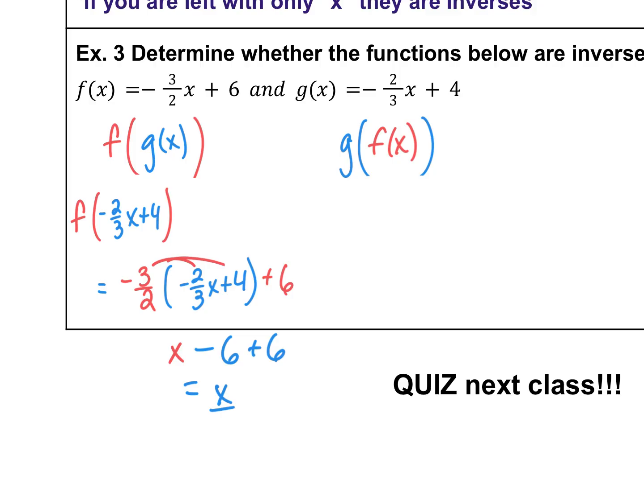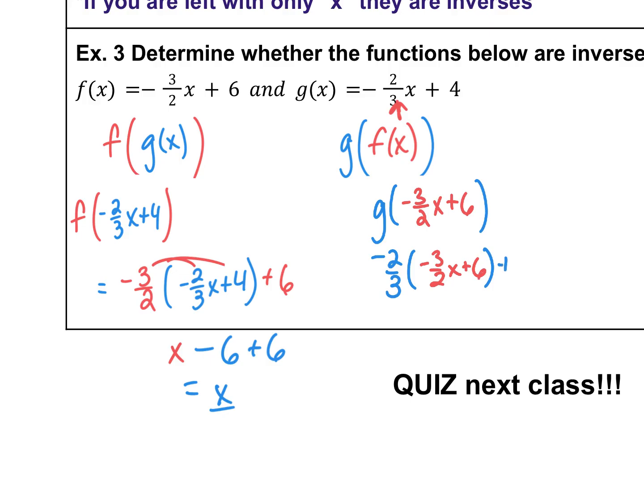Now to go prove it the other direction. Okay, so we've got g of f. I know f of x is negative 3/2 x plus 6. So now I'm plugging that into g right here. Okay, so when I set that up, I've got negative 2/3 times my f of x, because again, that's what I'm plugging in here.